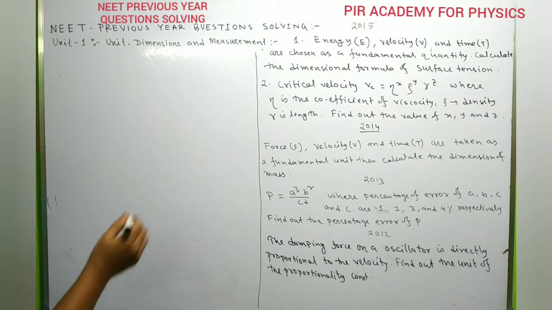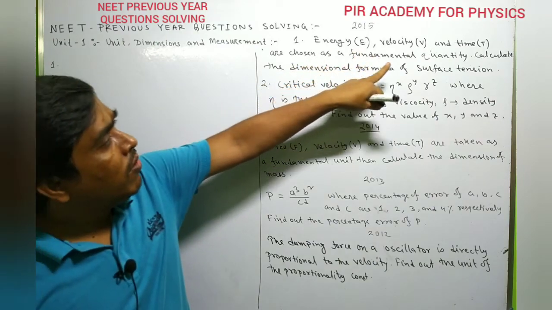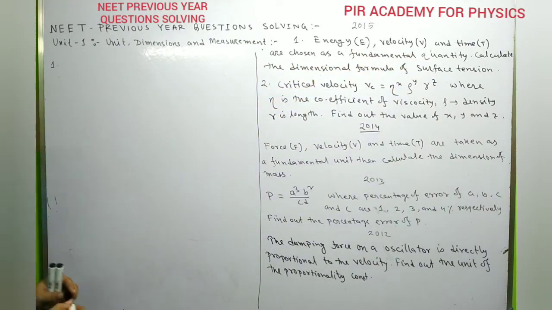2015, number 1: energy, velocity and time are chosen as fundamental quantities. Calculate the dimensional formula of surface tension. So here force, here energy, velocity and time are the fundamental quantities.